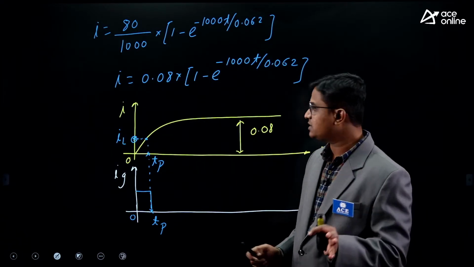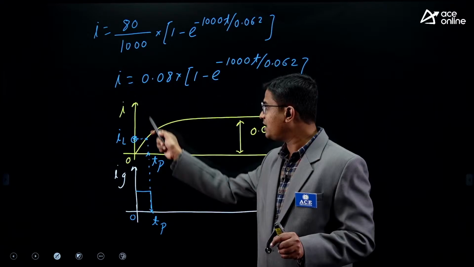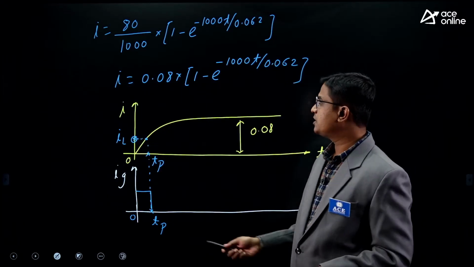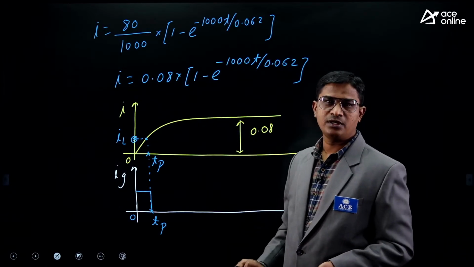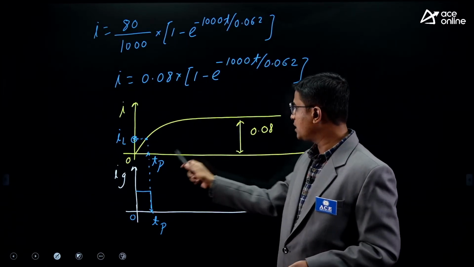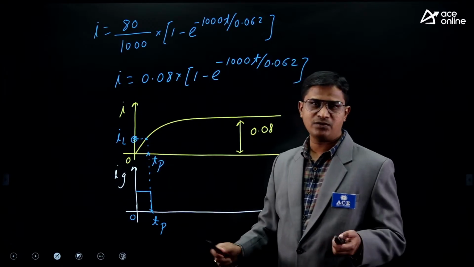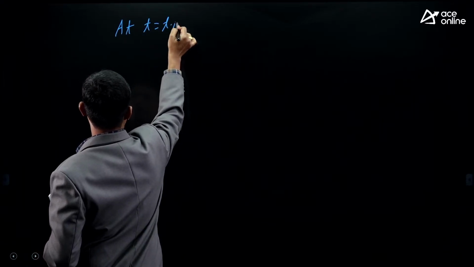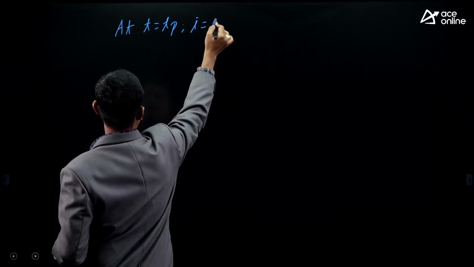So minimum gate pulse means we need to maintain the gate pulse till the SCR current reaches which value? Latching current value. Right? Now simply from this expression, we can write at t equal to TP, what is the I value? I value is IL. So at t equal to TP, I is equal to IL.